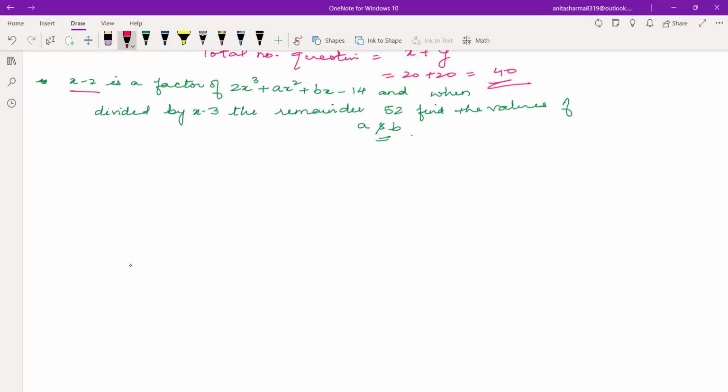Anyone can tell me the solution. What will we be doing here? Ma'am, we will substitute the value of x as 2, because it is given that x minus 2 is a factor of this cubic equation.